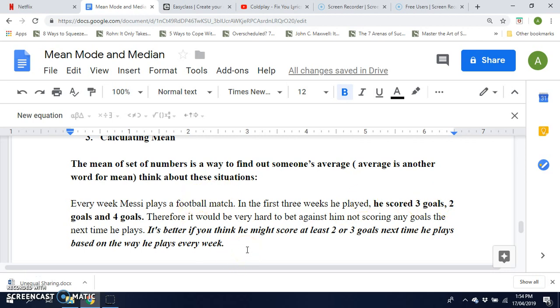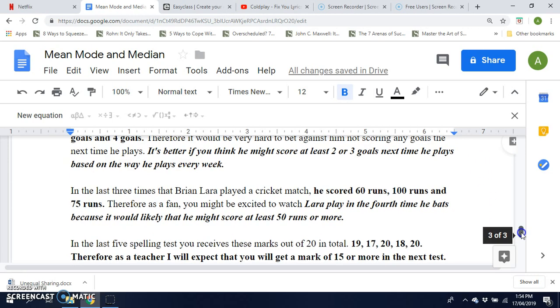More than likely, the next time you see Messi play, he is going to score another 2 or 3 goals. It is highly unlikely he will not score 2 or 3 goals based on the information given.